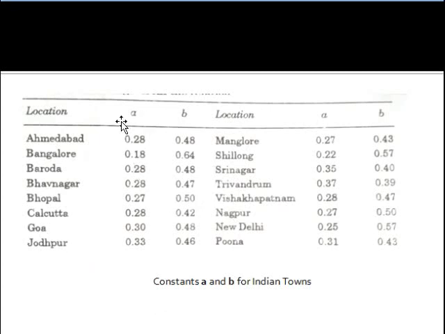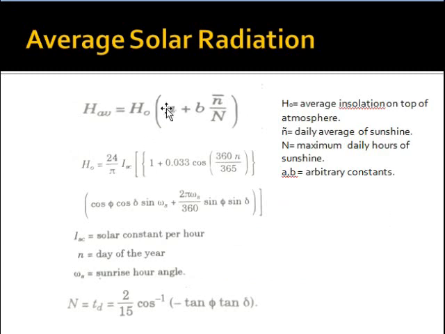This is used for solving problems, and generally this data will be given. Otherwise you can expect a chart to solve this problem, and that a and b should be substituted in the equation for average solar radiation.